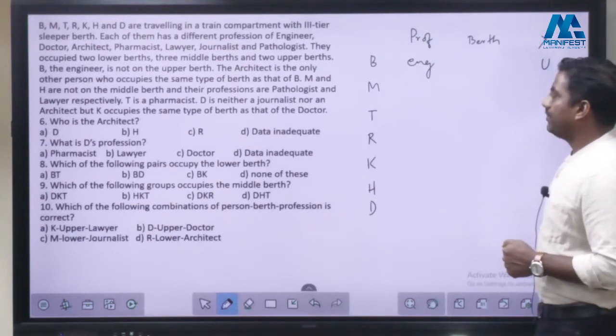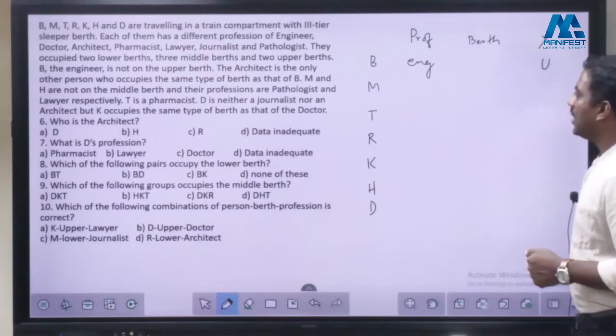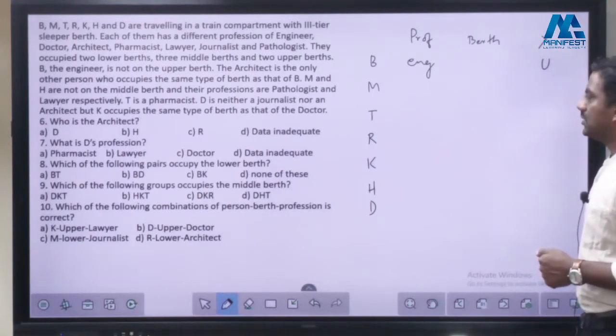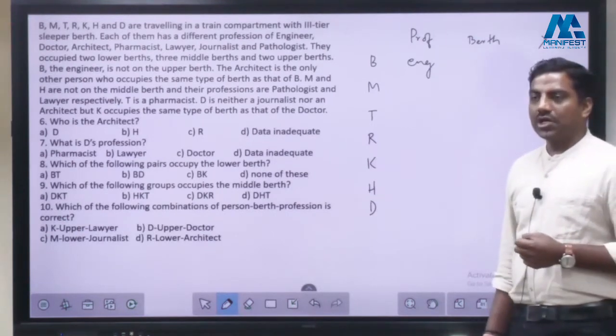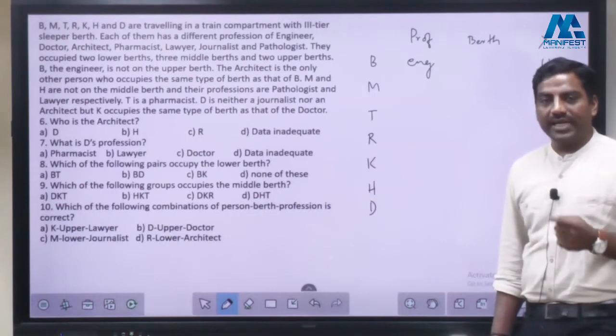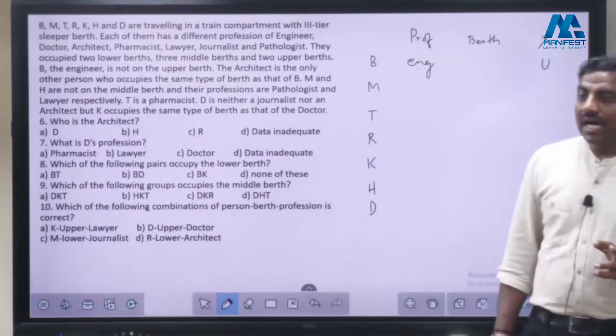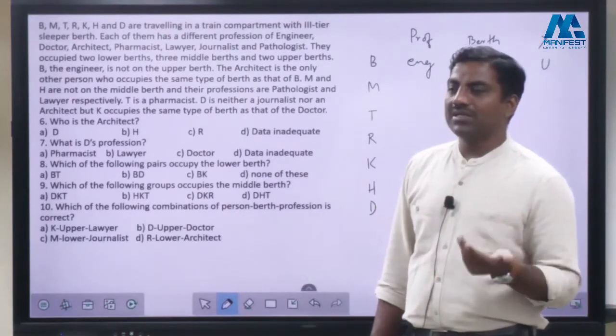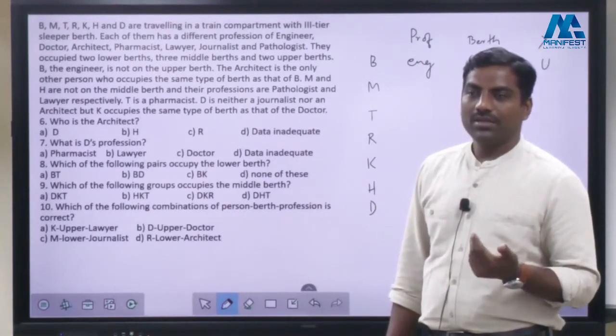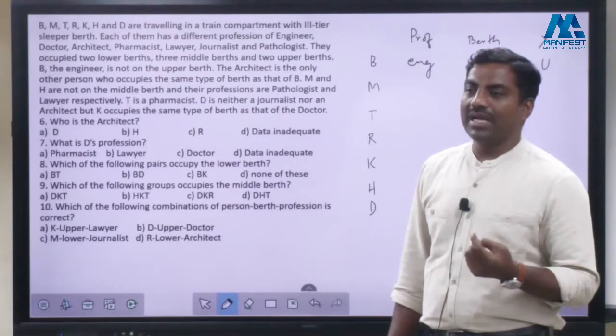The architect is the only other person who occupies the same type of berth as that of B. See, B is not occupying upper, so he has to take either lower or middle. Then which berth should be taken by B and the architect?